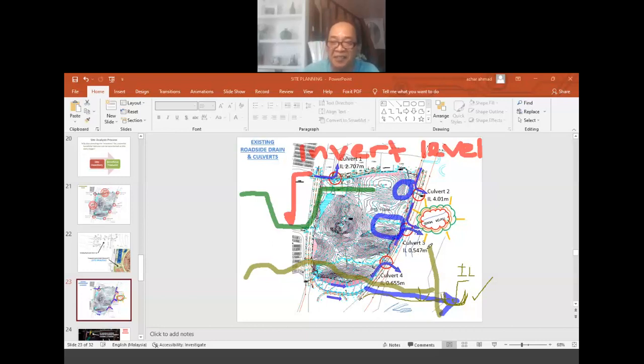Okay, 0.6, 0.7, so that water from the inside, from our side, can then be released kepada culverts yang di luar, which is slightly lower than the levels on the inside. And similarly, from this discussion, the levels around here would be around 0.7, katakan contoh.